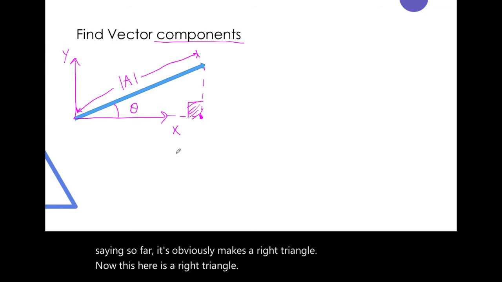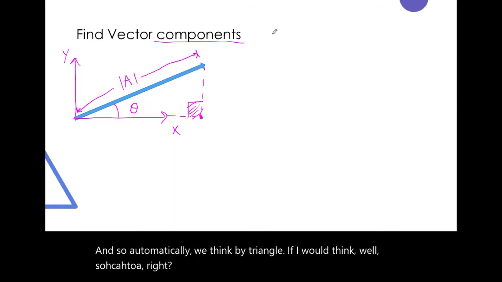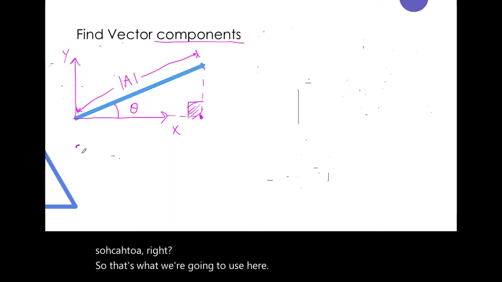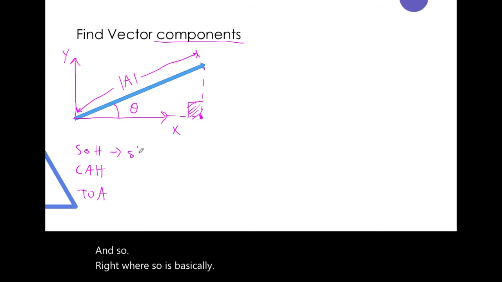And so automatically when you think right triangle, you probably think, well, Sohcahtoa, right? So that's what we're going to use here. Sohcahtoa, right? Where SOH is basically sine of the opposite over the hypotenuse.